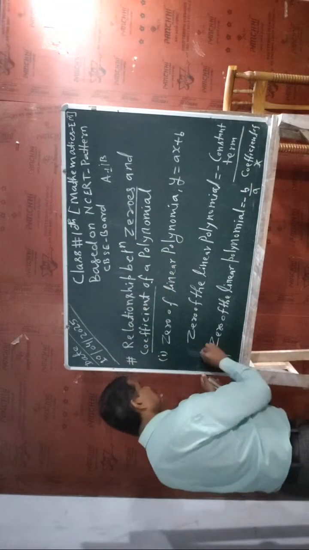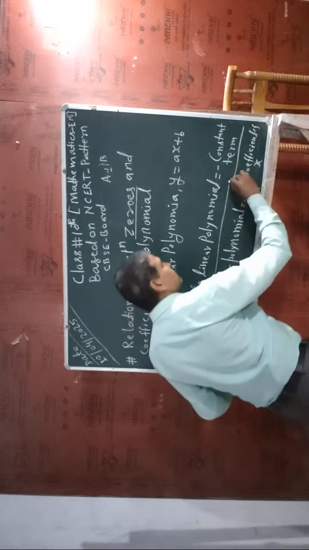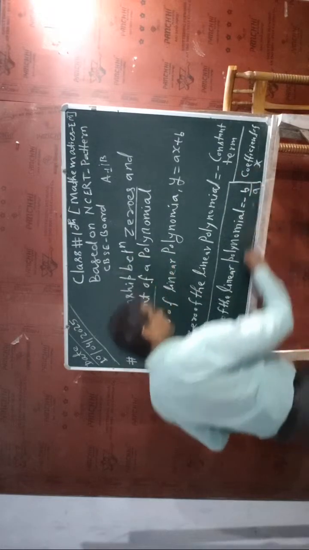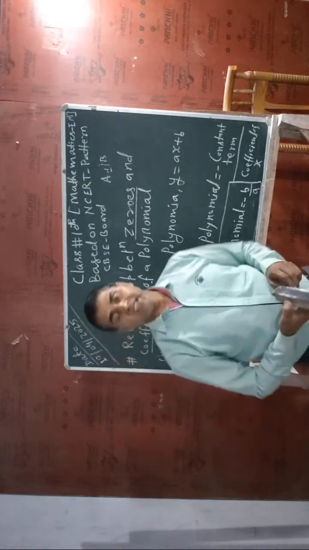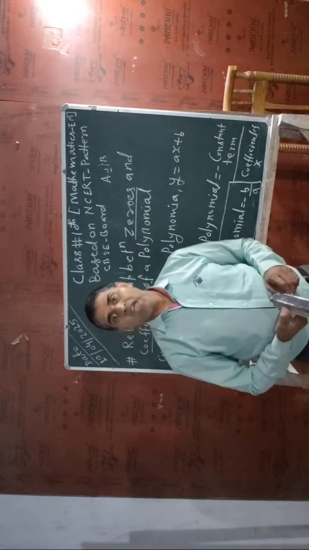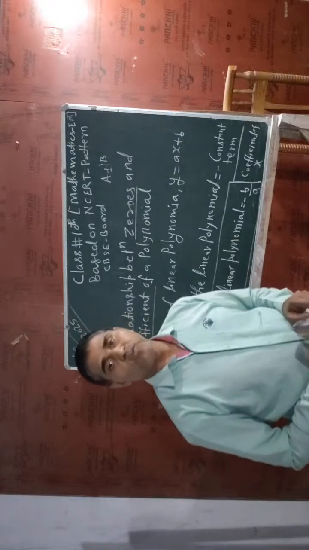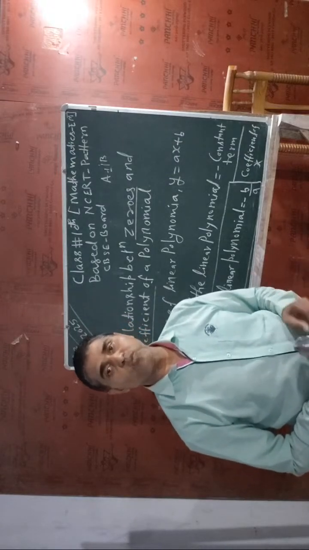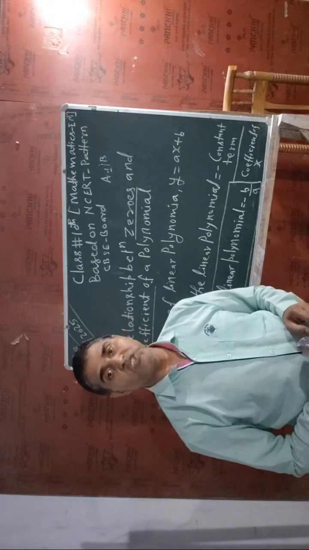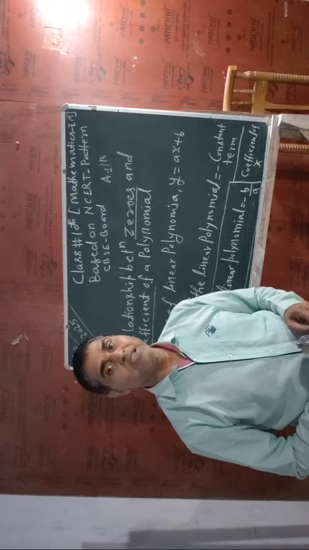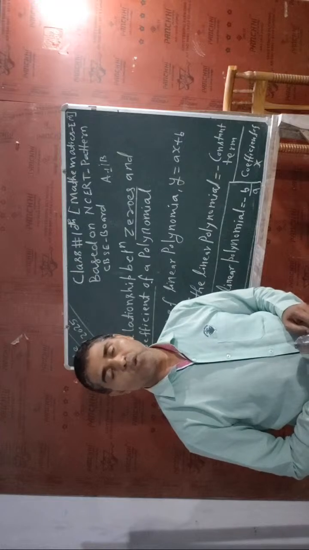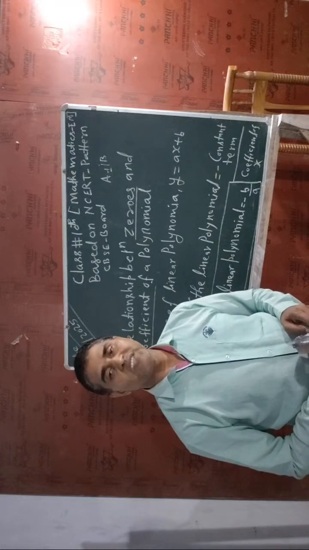So this is the required formula, and we have to remember it, because if any linear equation is given and we have to find the value of the zero of the linear polynomial, I can simply write minus the constant term divided by the coefficient of x.